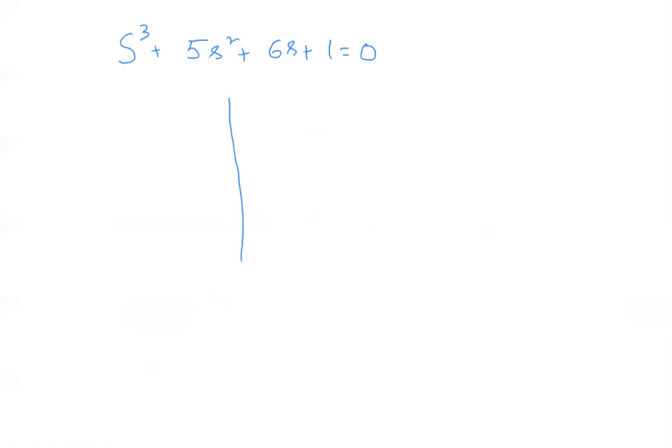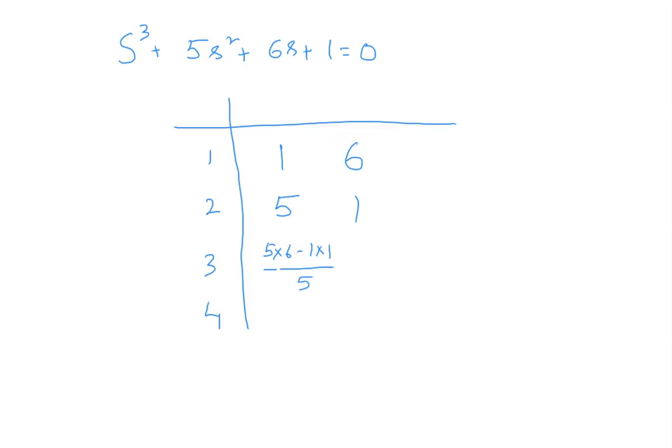First thing is, this is a third order equation. You will get 4 rows: 1, 2, 3, 4. First 2 rows: 1 and 6, 5 and 1. What is this one? 5 into 6 minus 1 into 1 divided by 5. What is this value coming? This value is 29 by 5.